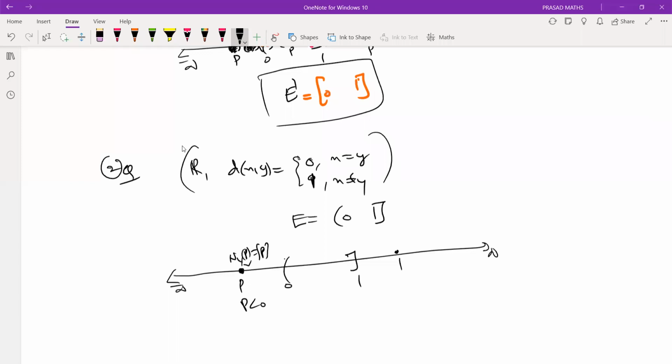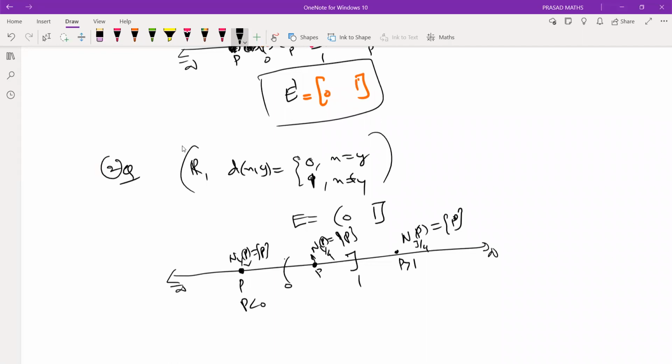In fact, when you take P bigger than that, is it a limit point? No, I can take the neighborhood as a singleton. This neighborhood never contains any point of the set. Therefore, it cannot be a limit point. Okay. Is it a limit point? Again, the same neighborhood as a singleton.